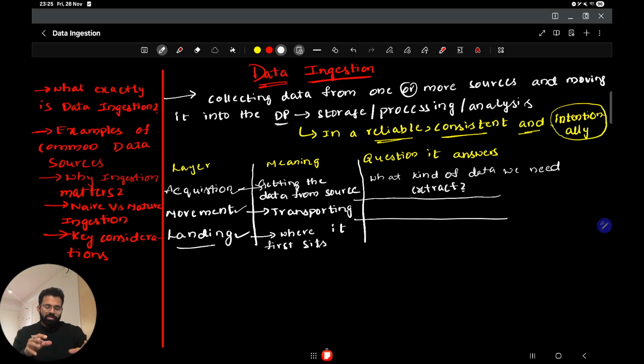Because we might be working in some department, for example marketing or HR or finance or economics, we don't need all the different data points or all the different transactions available in the source system.